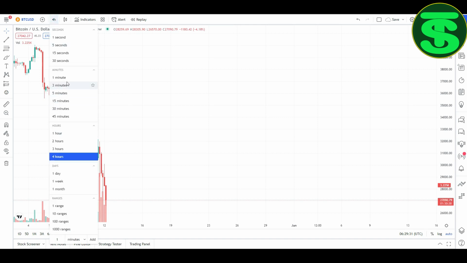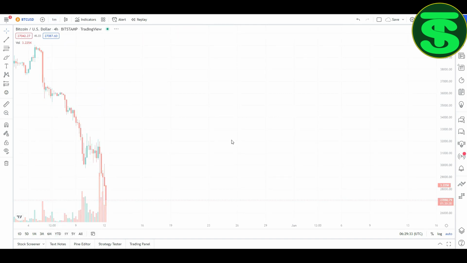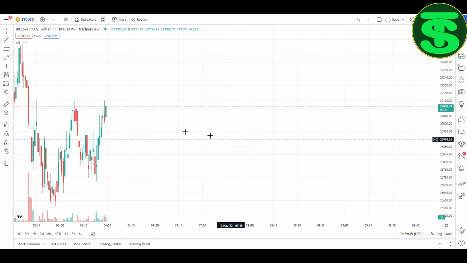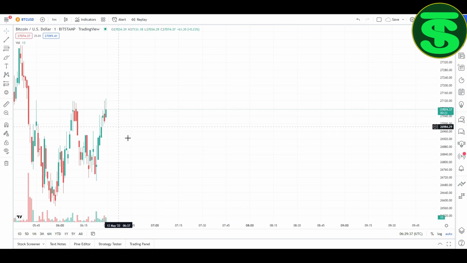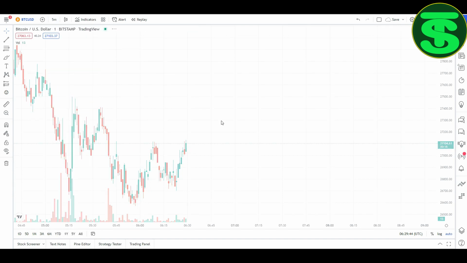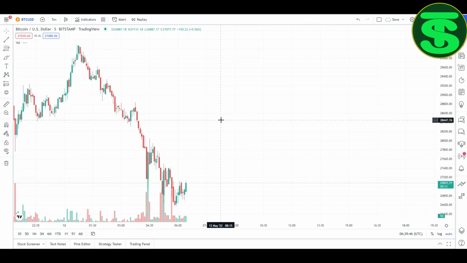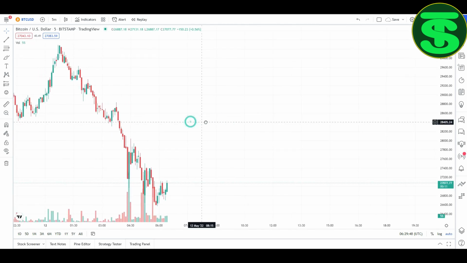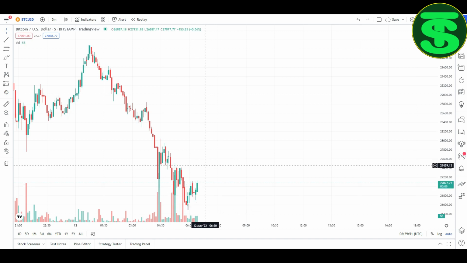If I go to the 1 minute chart, look, the market is going up. If I go to the 5 minute chart, you can see the market is going up.